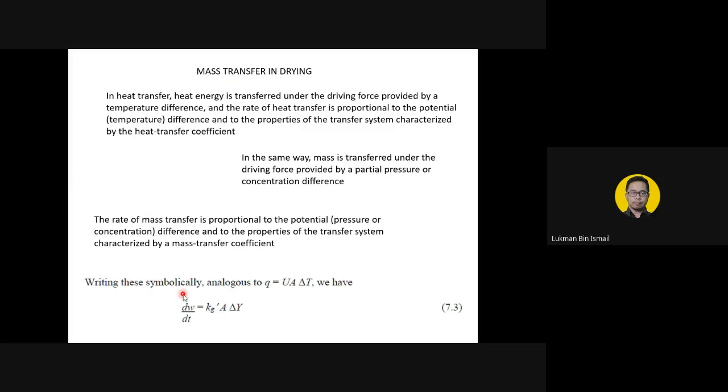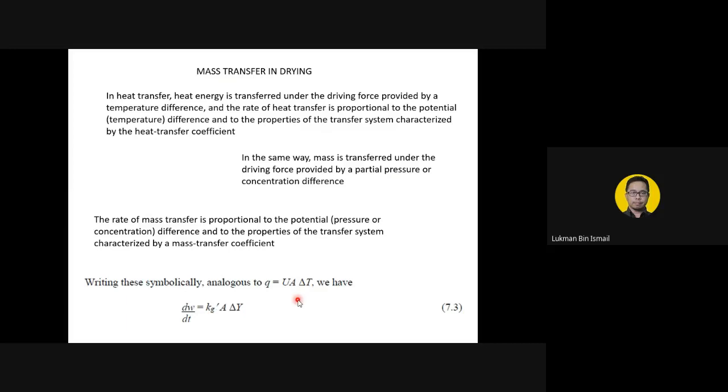Writing this symbolically, analogous to Q equals UA delta T, with the same pattern of equation as the heat transfer, you have dW over dt equals kg prime A delta Y.